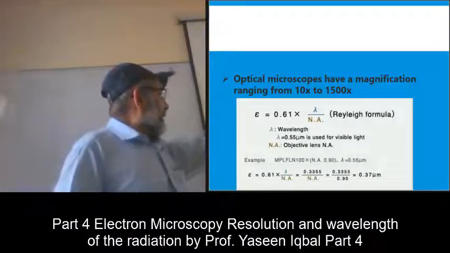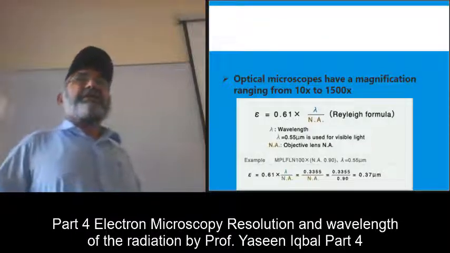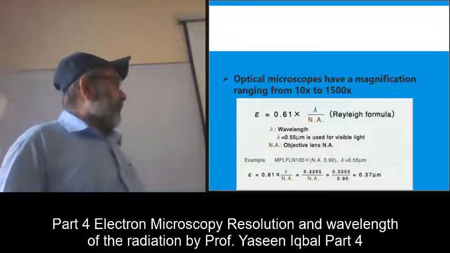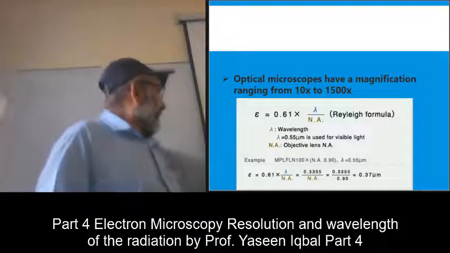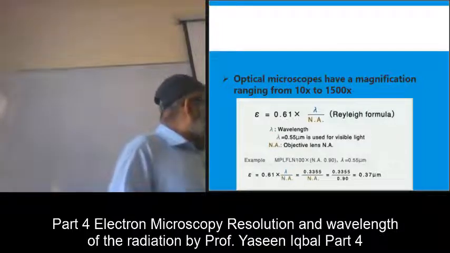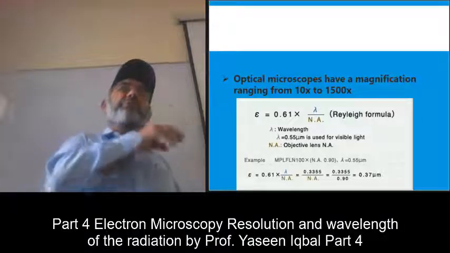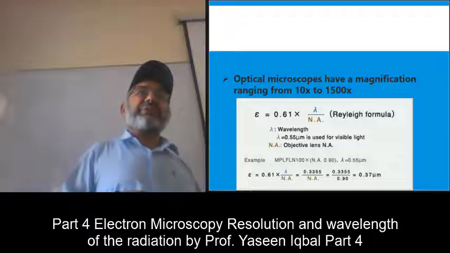Now lambda is the wavelength, and in the case of visible light, it is 0.55 micrometer. So when you put that value for a numerical aperture of 0.9, you will be able to resolve features down to 0.37 micrometer.